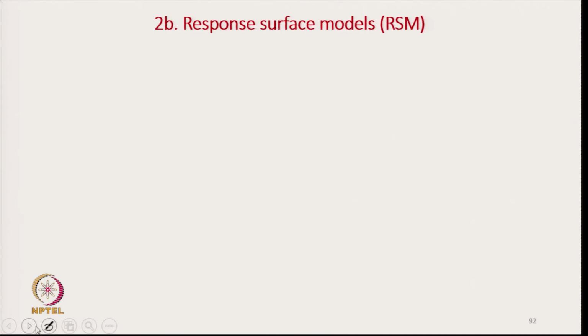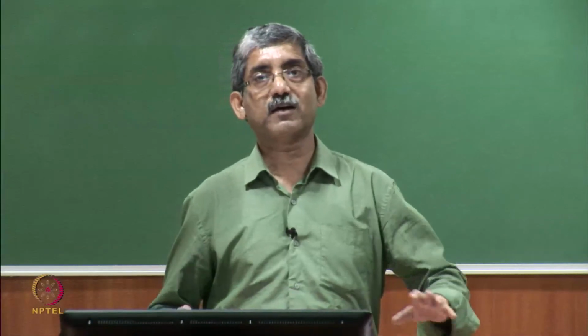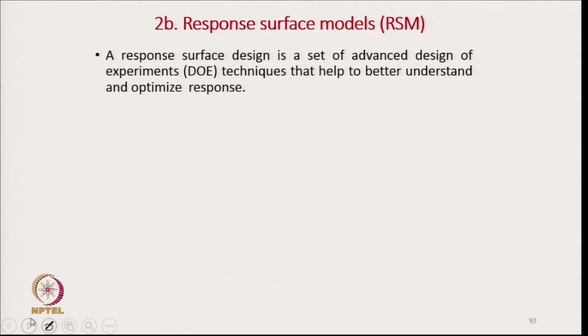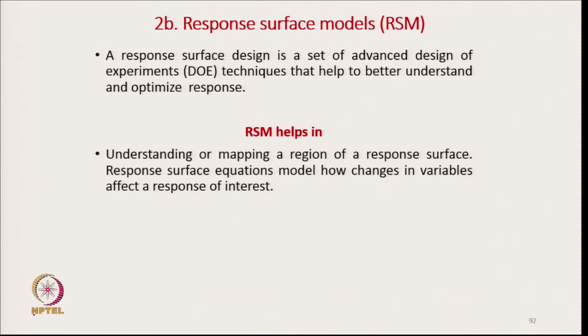After that, we have done the response surface model. So, 3 variables at a time we have used. It helps in understanding or mapping a region of response surface, which ultimately helps in optimizing the parameter.